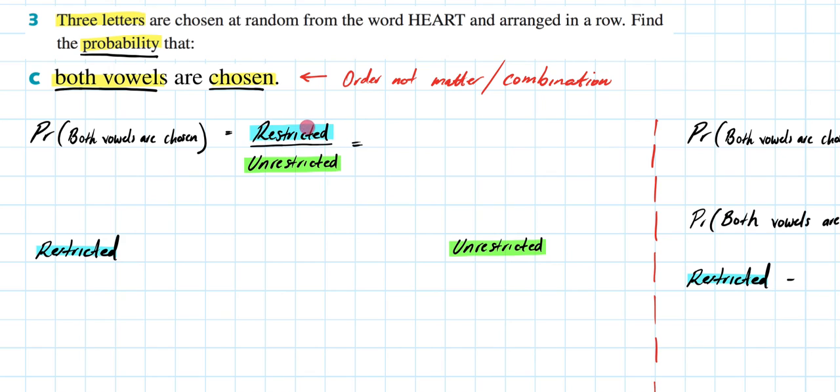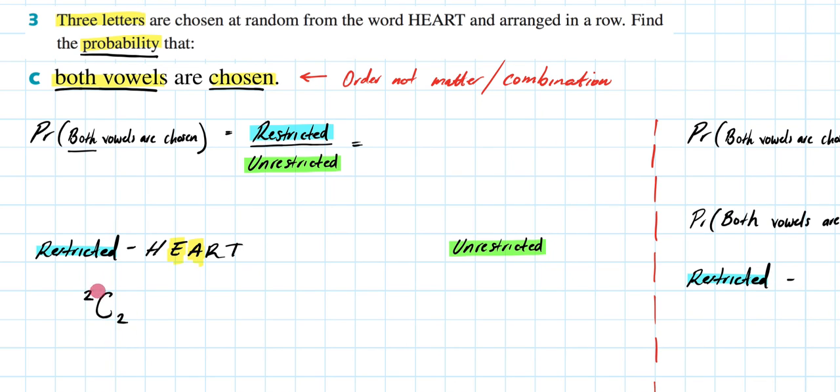So let's first begin by finding how many different combinations of 3-letter words have both vowels in them. To do that, we're dealing with the word heart, H-E-A-R-T. If I need to make sure that both vowels are chosen, that means my word has to have E and A in it. So both of these have to fill 2 positions.